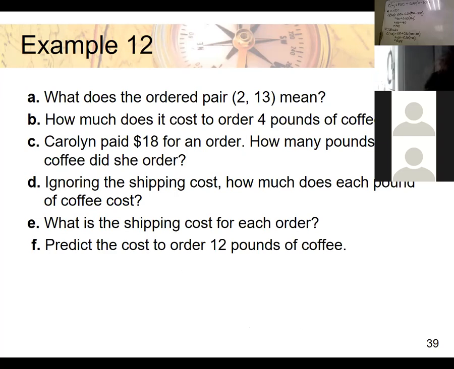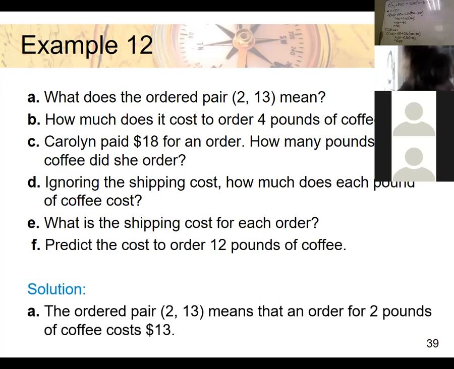Now, to answer the questions based on that graph, they're right here. What does the ordered pair 2, 13 mean? And here's what that answer is. An order of 2 pounds of coffee will cost $13. Okay, so that's what that ordered pair means.